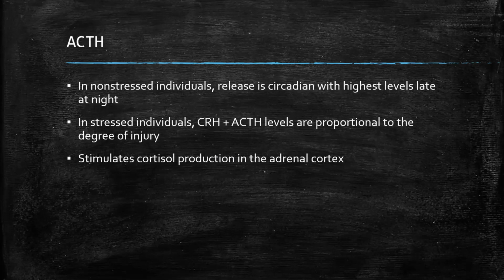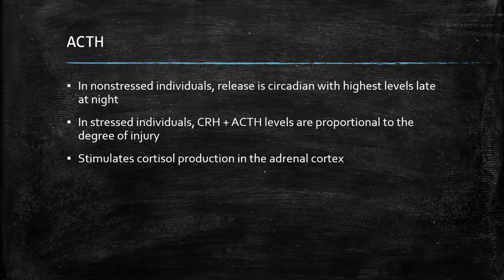In a non-injured or non-stressed patient, ACTH release is circadian in nature, and the highest levels are late at night, and the lowest levels are first thing in the morning. However, in an injured patient, this goes out the window. There is no more circadian rhythm at all.